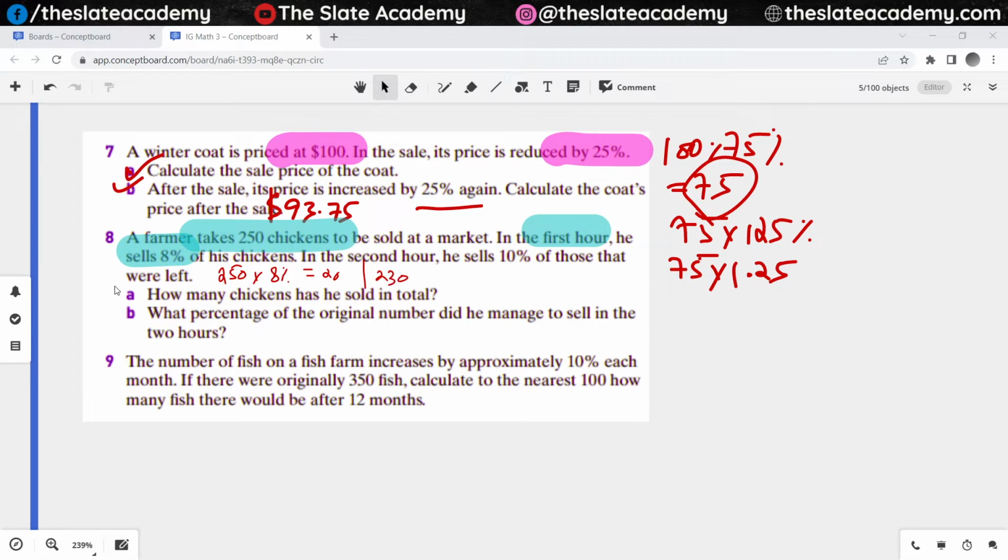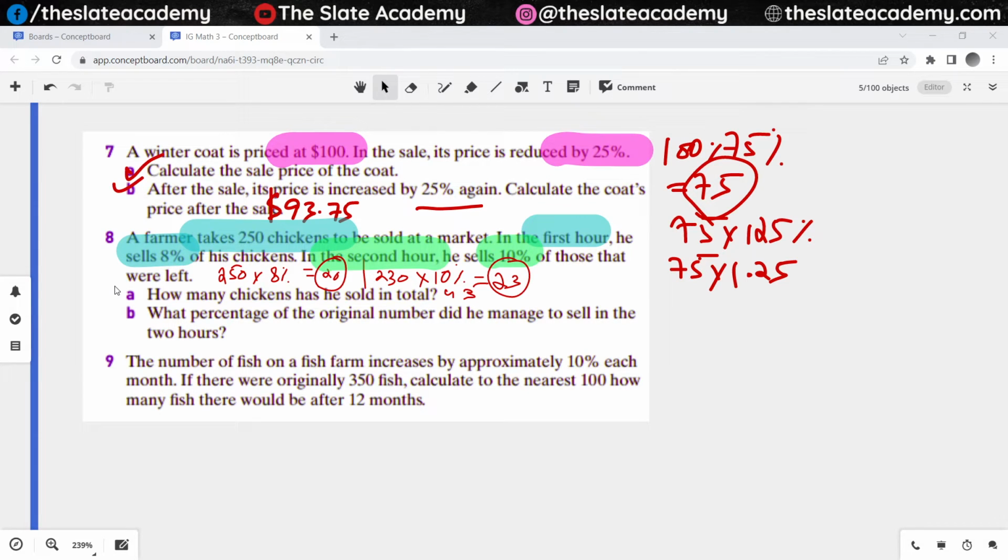Out of those 230, in the second hour, he sells 10% of those that were left. So now he sells 10% of this 230, it would be 23. So initially he sold 20 and then he sold 23. So in total he has sold 43 chickens. What percentage of the original number did he manage to sell in those 2 hours?